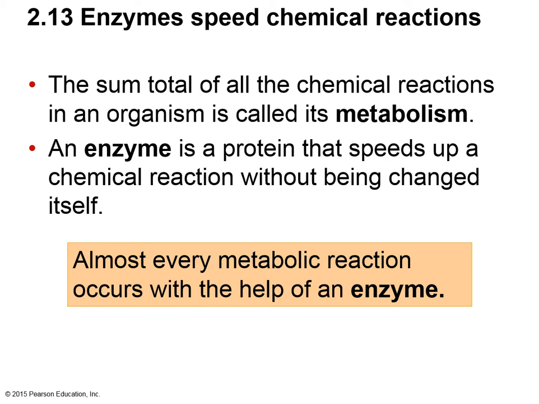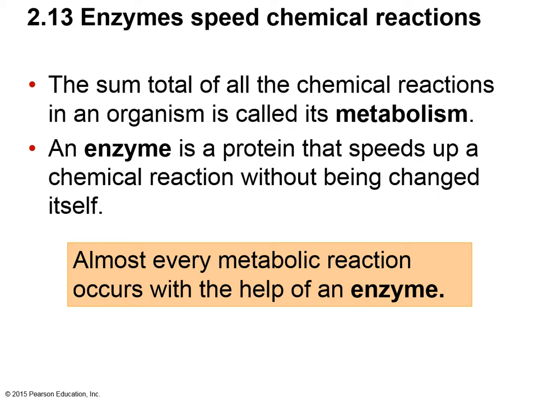And so when we look at living things, we know that the sum total of all chemical reactions that occur in that organism or in that cell is called its metabolism. So that includes all of the reactions where we bring food in and we break it down into smaller parts to pull out the energy, but it also includes the reactions that take place in order to build molecules like proteins, lipids, carbohydrates for storage, all nucleic acids, all of the various roles that we see our cells perform in order to both build and break down complex molecules.